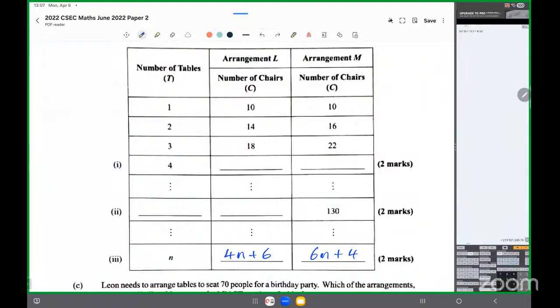All right. Now, when n equals 4, that's the next shape. You can just continue the trend. So here we're adding 4, just add 4 to this. Or you can take this 4 and put it in the formula. 4 times 4 is 16 plus 6 is 22. Or you can just add 4 to this and get 22.